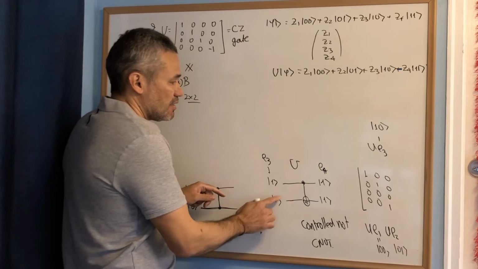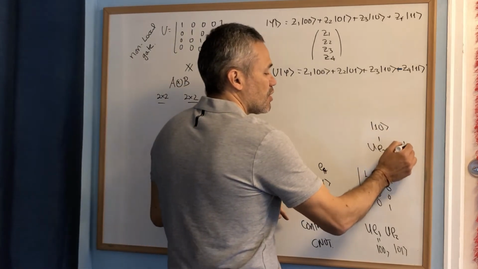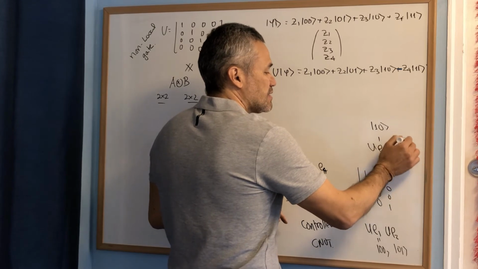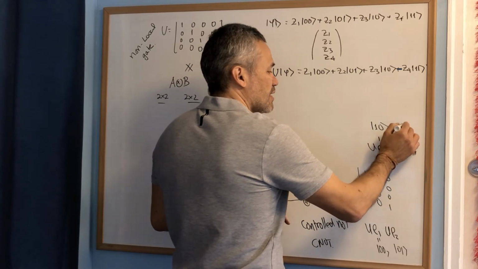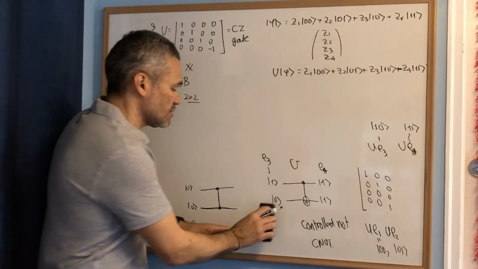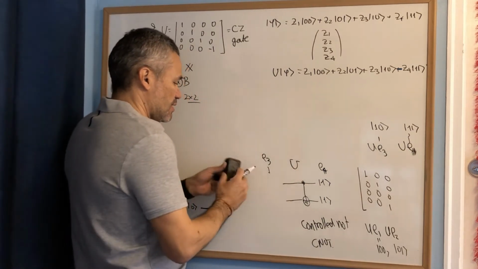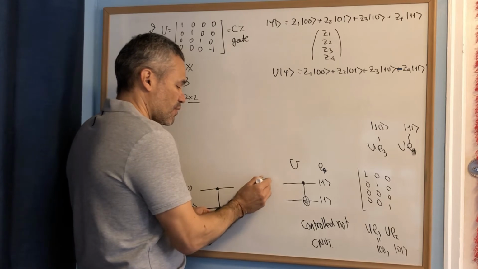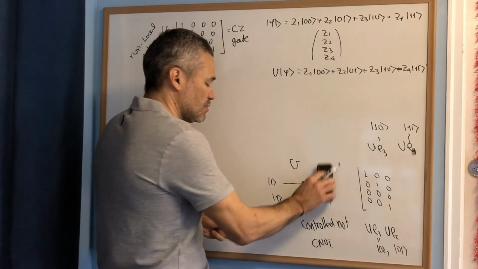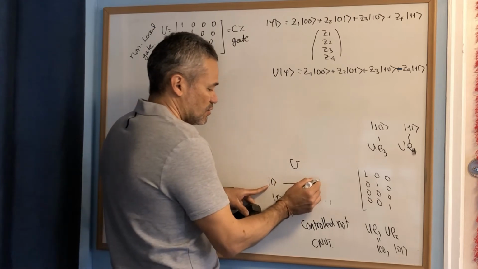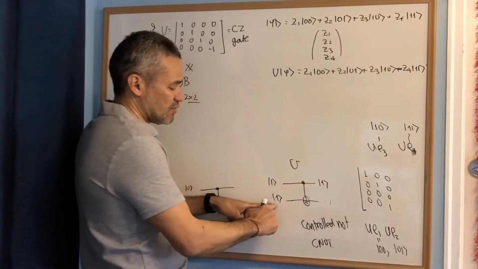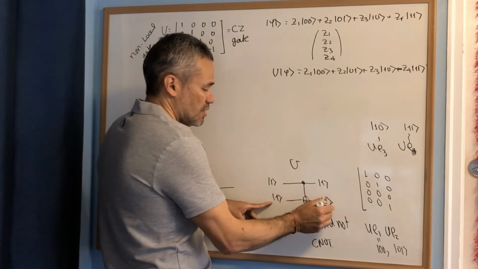And finally, if we compute the action of U on E4, this E4 is 1, 1. The control qubit is at 1, which means that it's going to change this 1 into 0.